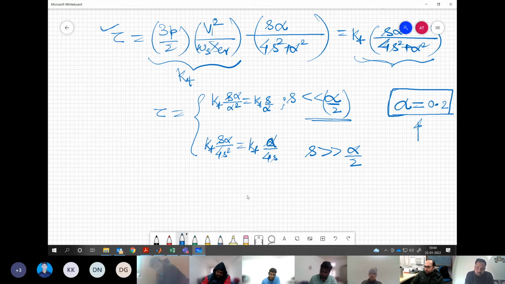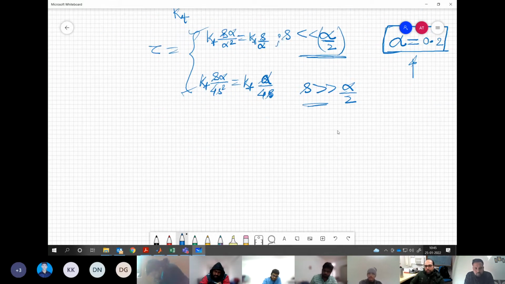Correct? We have two separate characteristics for two different ranges. One is a simple line, only proportional to S. Another is a hyperbolic curve, which is inversely proportional to S. Clear distinction we have, right? Now, what about these two curves? Where do they meet, these two approximations?